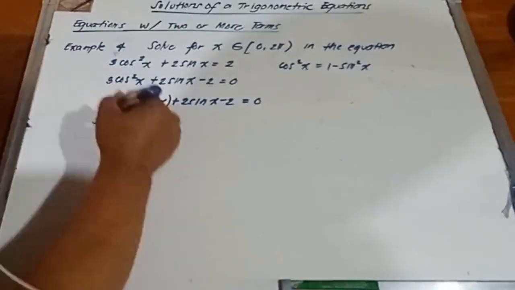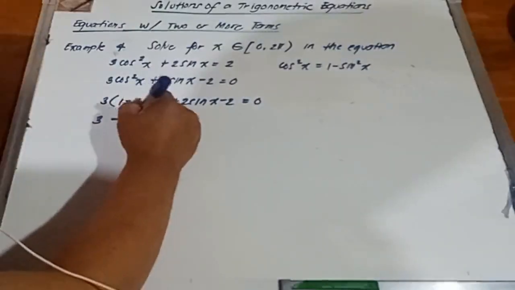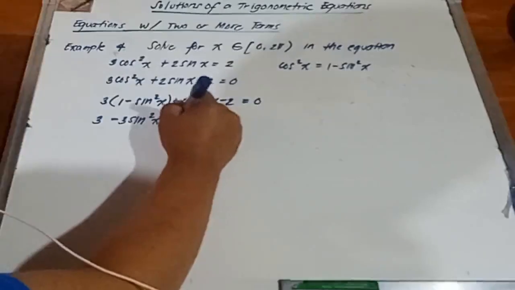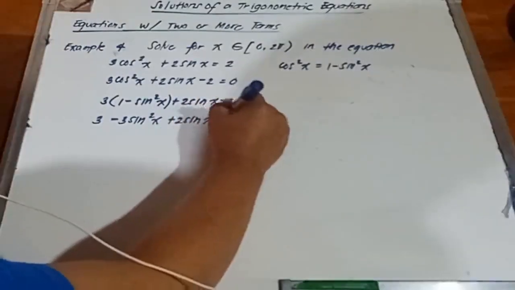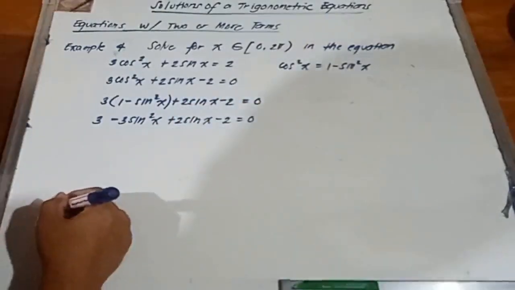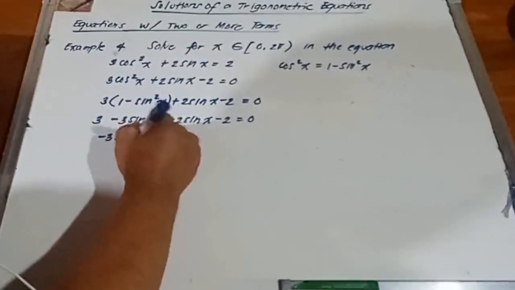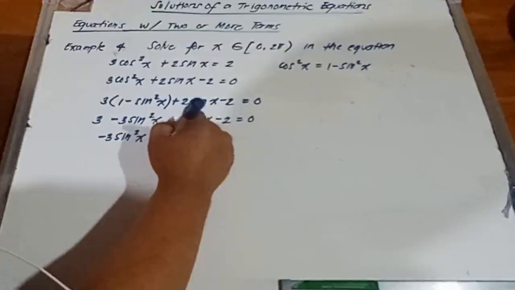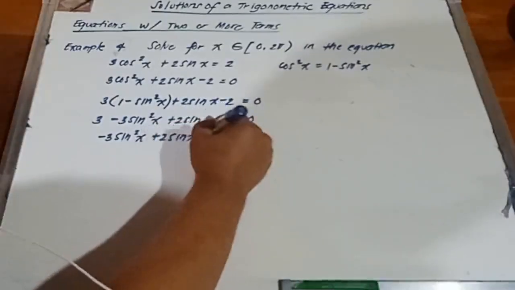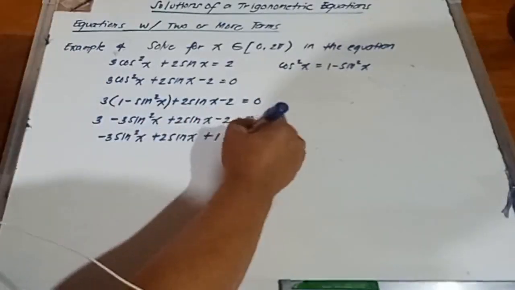So, we multiply: 3 minus 3 sine squared x plus 2 sine x minus 2 equal to 0. And then we have negative 3 sine squared x plus 2 sine x plus 1. 3 minus 2 is 1.